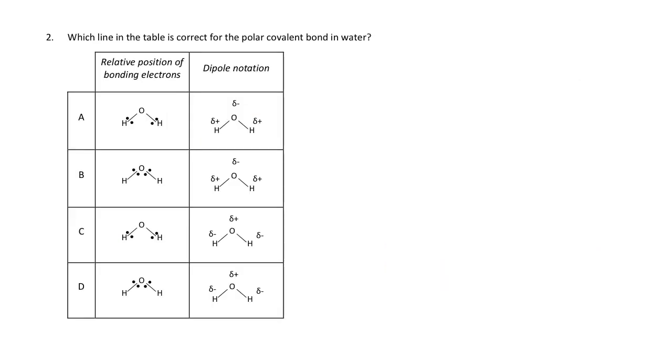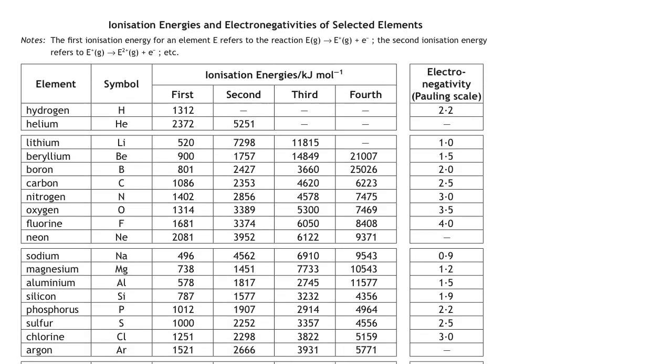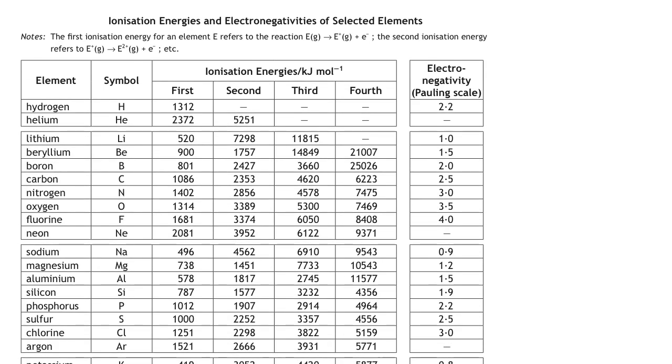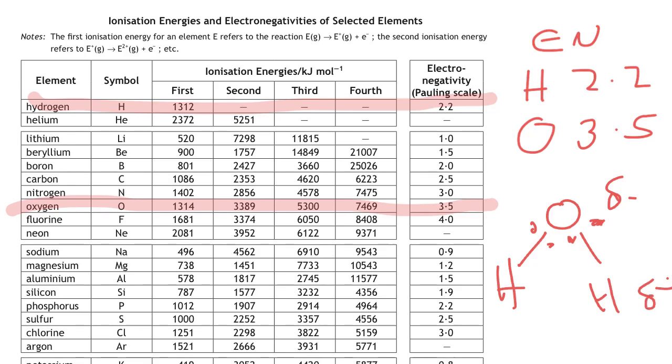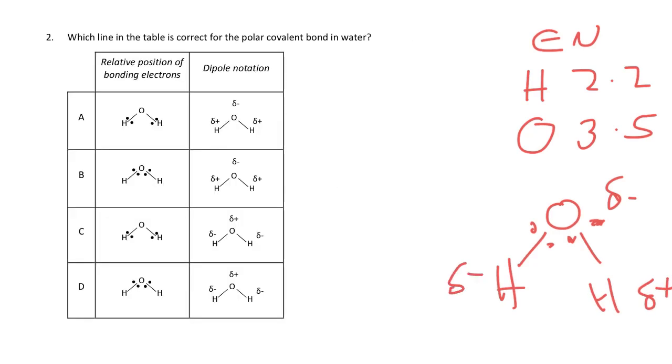Question 2, which line in the table is correct for the polar covalent bond in water? So again, how are the electrons shared, where are the dipoles? So we'll get our data booklet open again, page 11. Here's hydrogen, here's oxygen. We'll get the values. Oxygen has the higher electronegativity, so the electrons will be closer to oxygen, and it will be slightly negative in comparison to hydrogen.